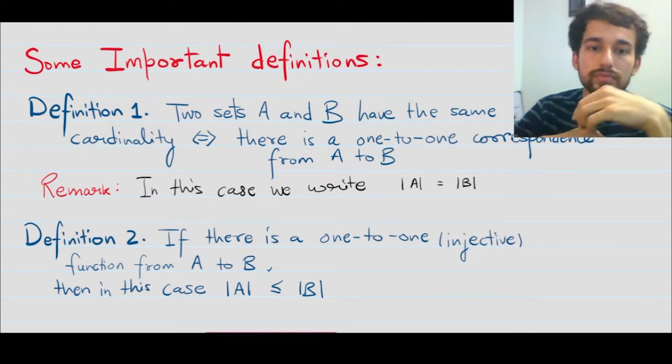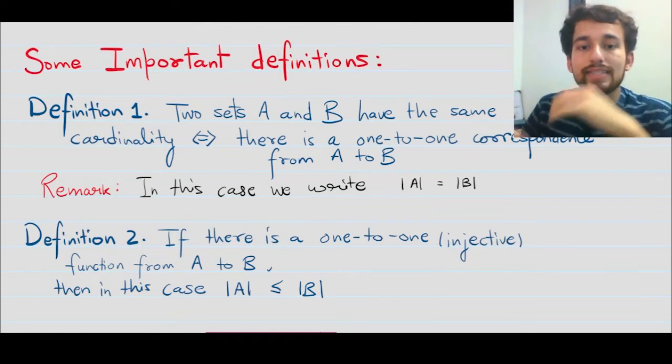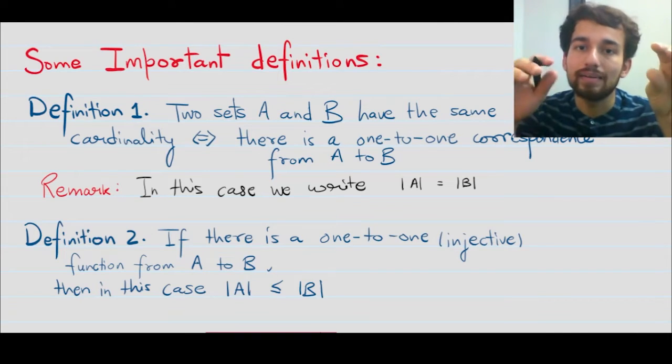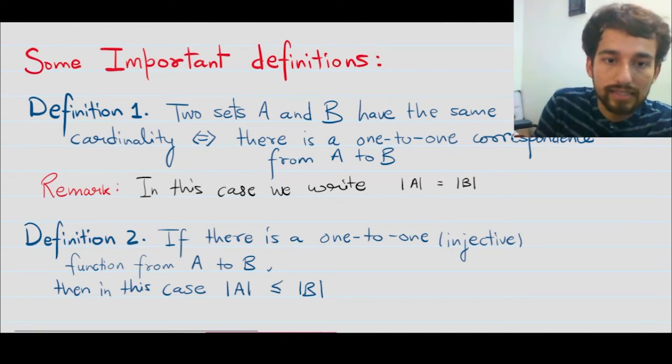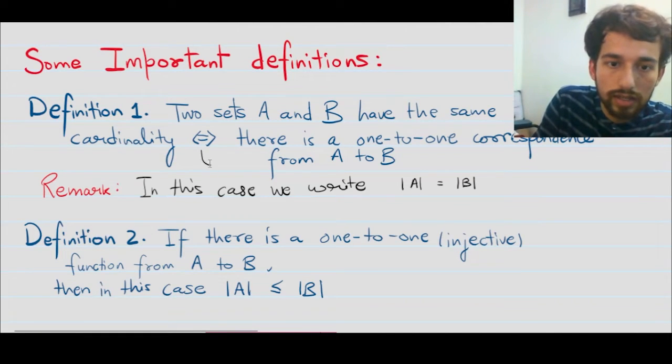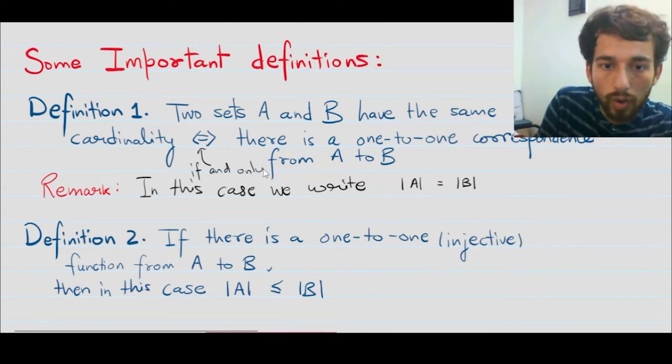Okay, so in that particular case we say that A and B have the same cardinality, and this symbol is a very important symbol, it means if and only if.